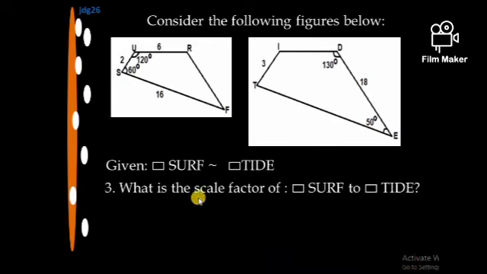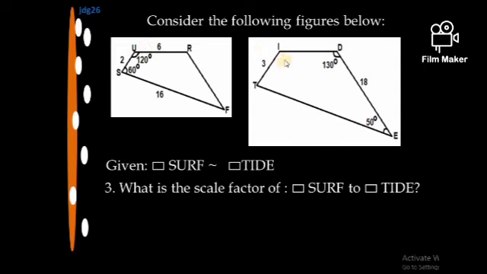Number 3. What is the scale factor of quadrilateral SURF to quadrilateral PIDE? Paano natin nahanapin ang scale factor? Maghanap lang tayo ng corresponding sides na may sukat. Nakita niyo ba? Tama!